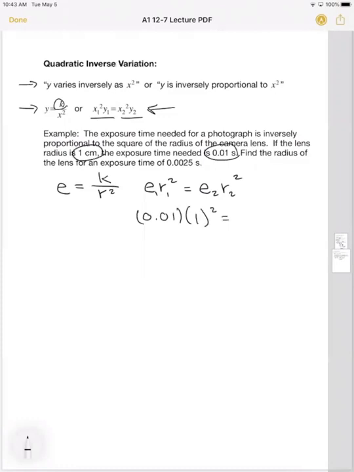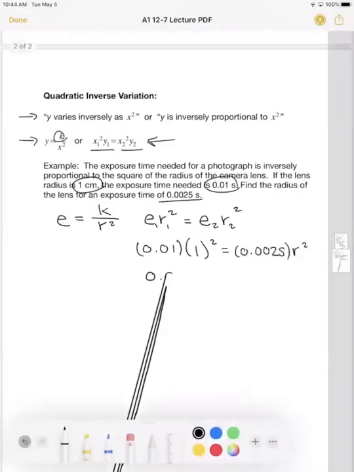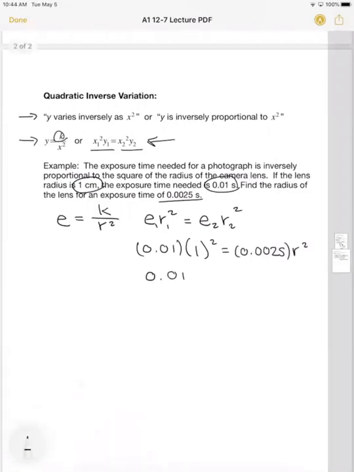Now, find the radius if the second exposure time was 0.0025 seconds. I've got to find the second radius, so I've got my r squared there. You can put r sub 2 squared if you want to, but since r is the only variable there, I'm just going to leave it plain old r. So I have 0.01 times 1 is equal to 0.0025 times r squared.